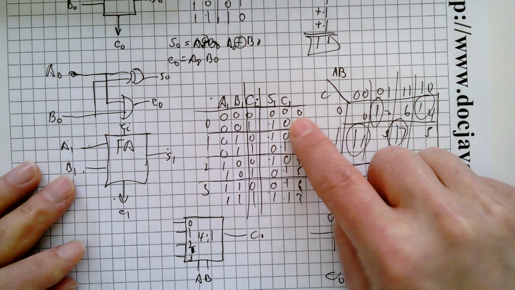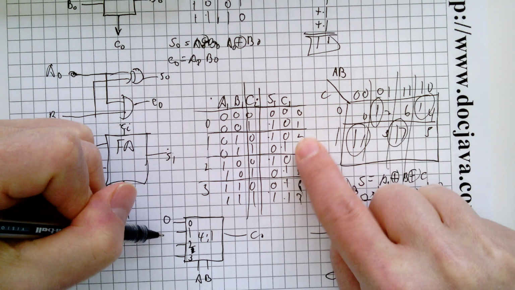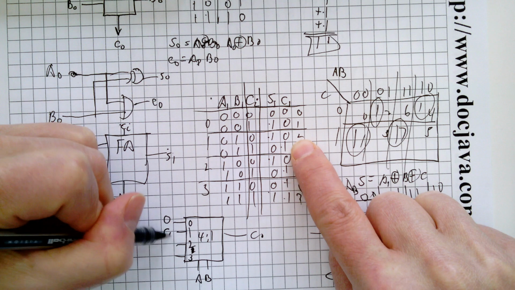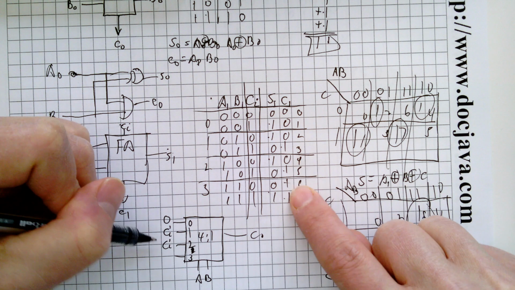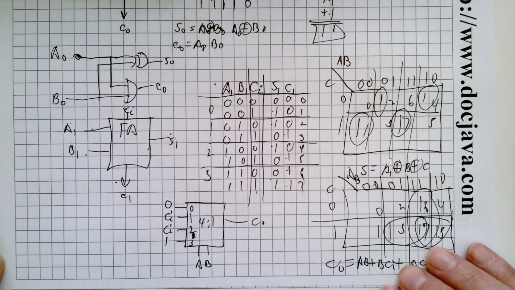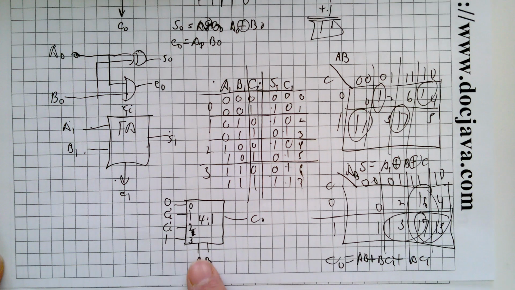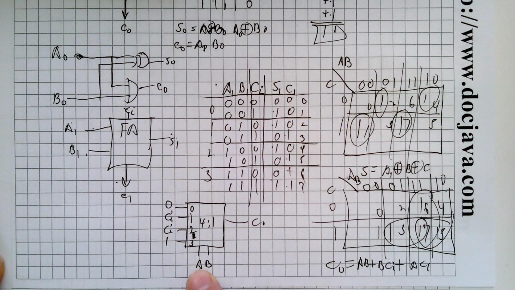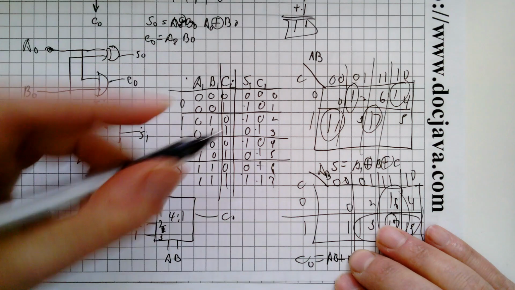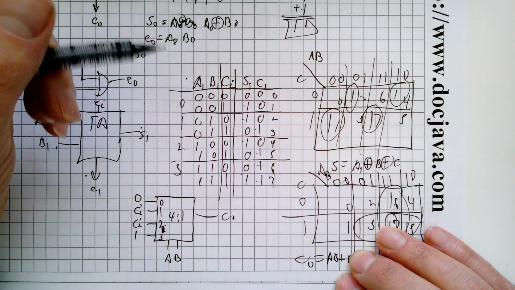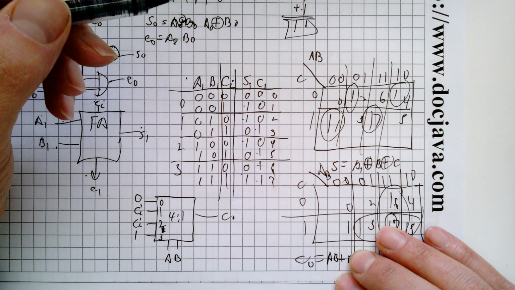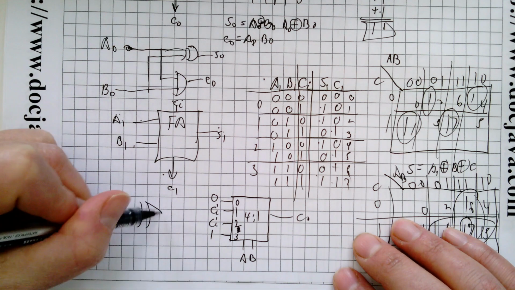And then 0 is 0, 1 is equal to C in, 2 is equal to C in, and 3 is equal to 1. That's a good way to do it, right? If you got a 4-to-1 multiplexer, that'll give you a carry out. And then for your summing junction, well, I guess you could do it with the 4-to-1 multiplexer, or you could just say I've got a fancy exclusive OR gate.